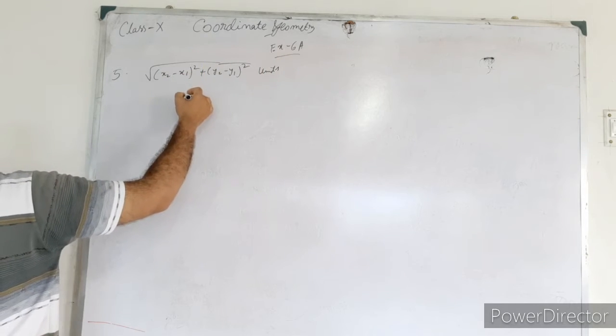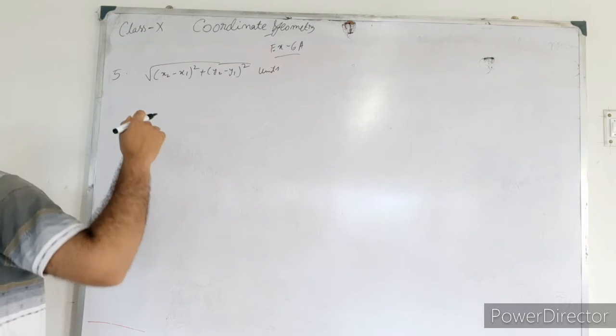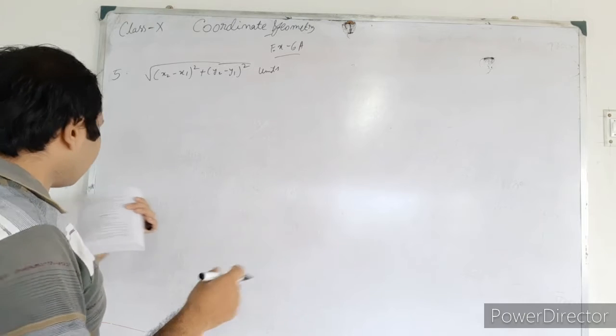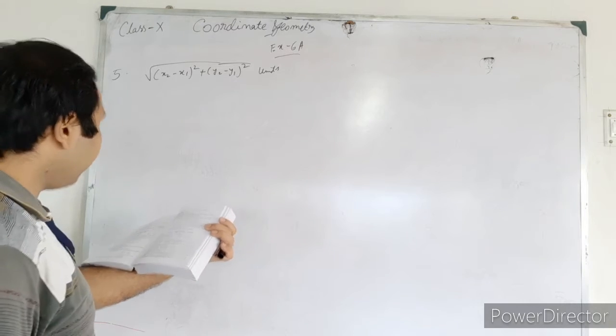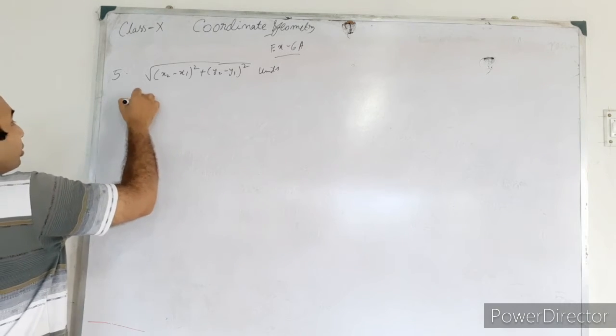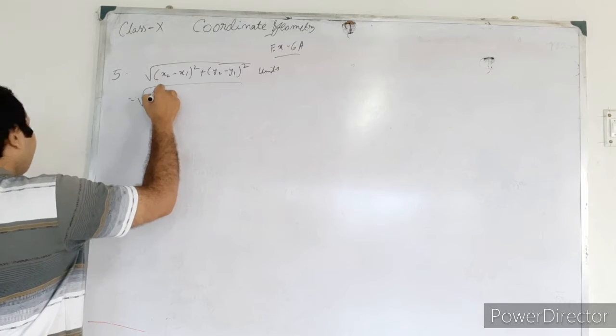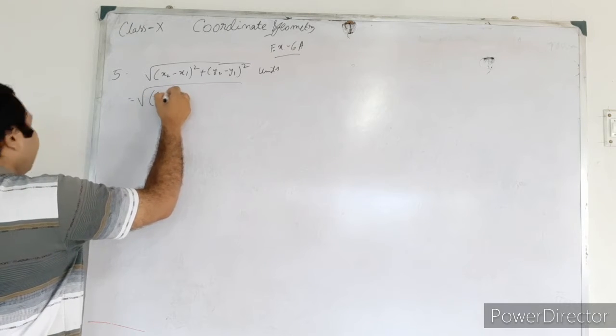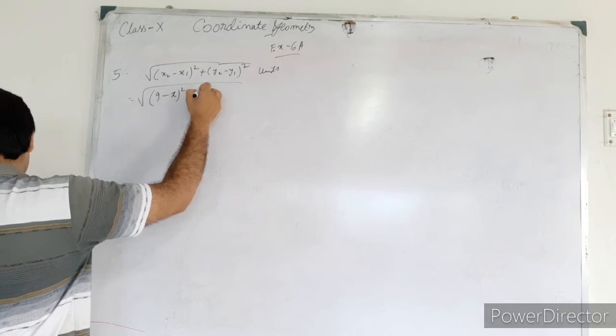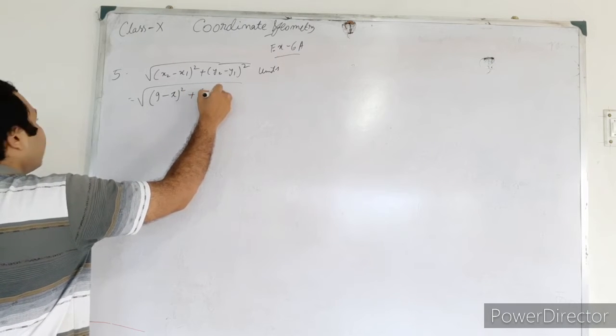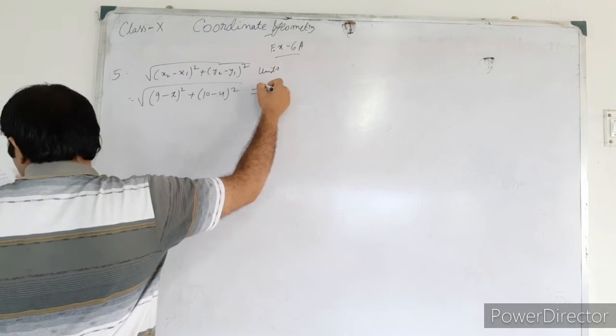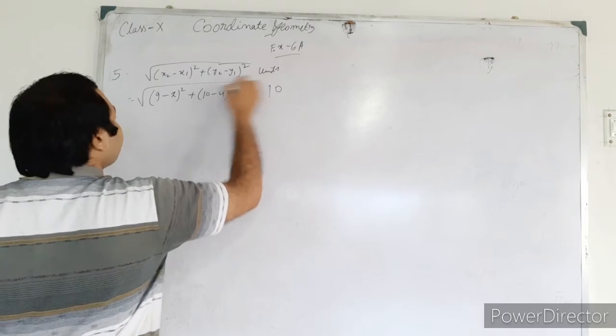If we take P(x, 4) as (x1, y1) and Q(9, 10) as (x2, y2), it will be the square root of (9 minus x) whole square plus (10 minus 4) whole square equals 10.